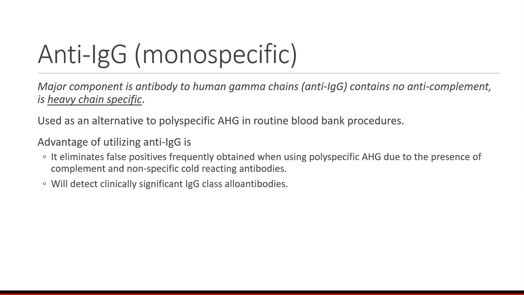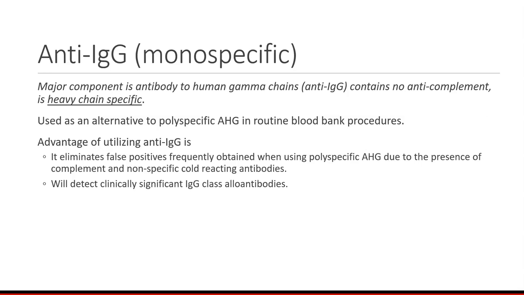Now remember, polyspecific has both anti-IgG and anti-complement components. The advantage of utilizing anti-IgG is it eliminates false positives frequently obtained when using polyspecific AHG due to the presence of complement and nonspecific cold reacting antibodies.